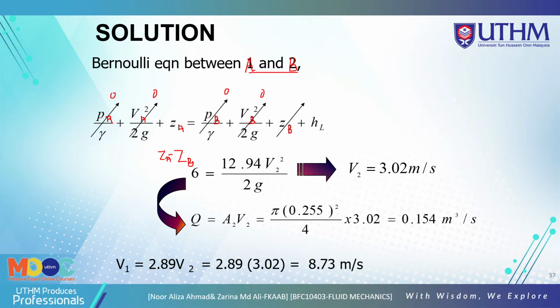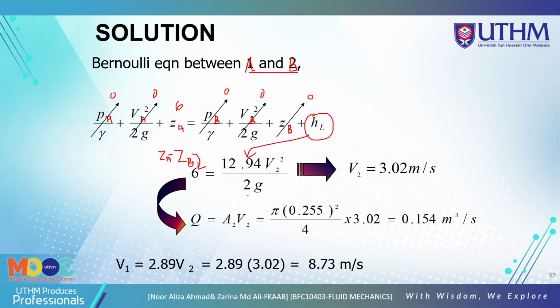ZA minus ZB, we get 6 here. ZB is 0 and ZA is 6, so ZA minus ZB is 6 minus 0, so you get 6 here. So you only have the HL, the total head loss, which is this value.